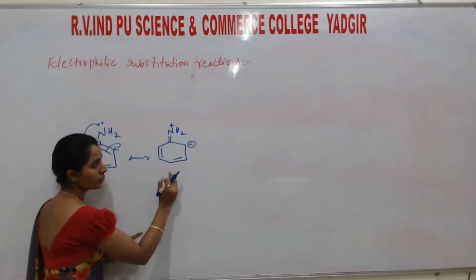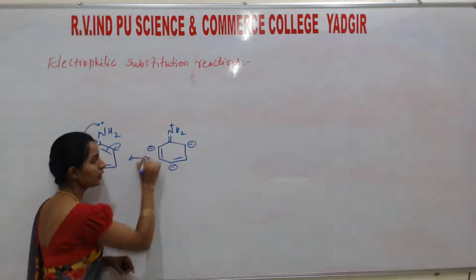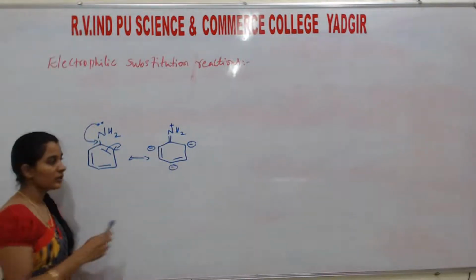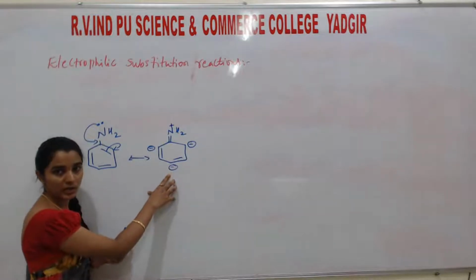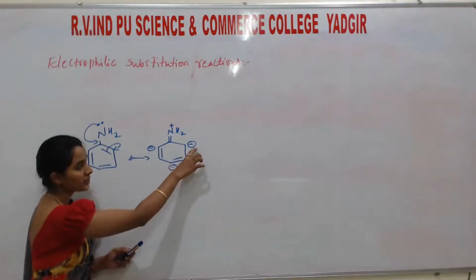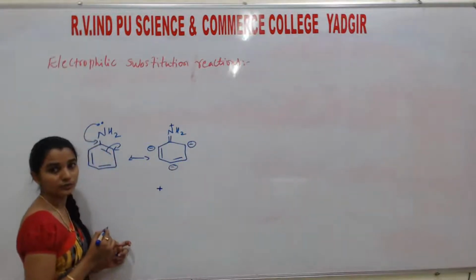Similarly, if we do, students, the resonance structure from here, here and here, you will get minus charge. Ortho and para position, we get what? Minus charge. Means the respective product, here minus charge means the species attached must be positive.